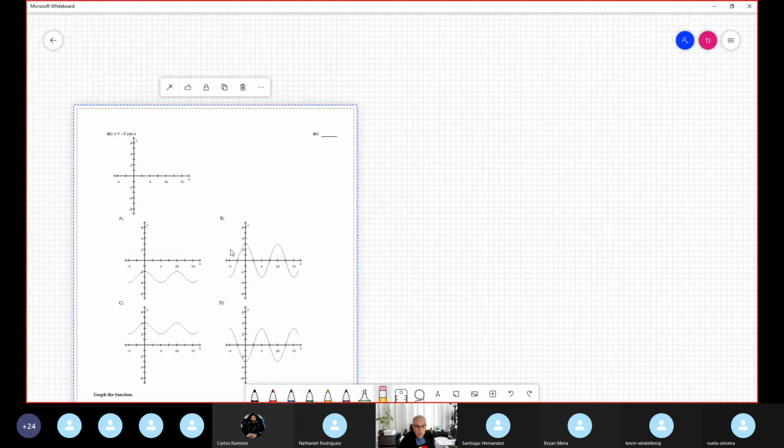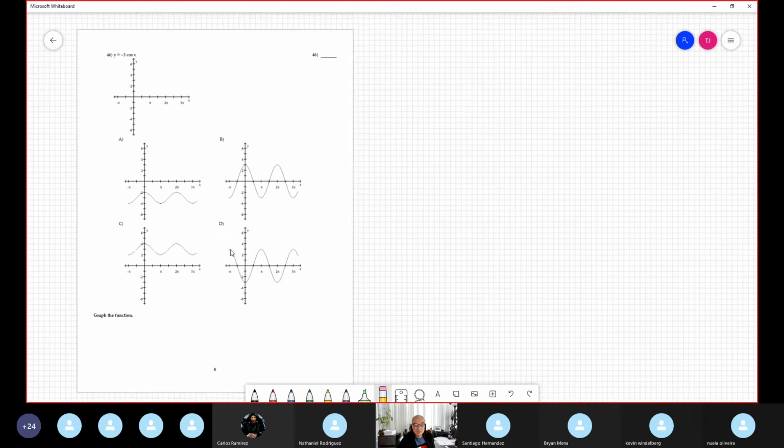46 is y equals negative 3 cosine x. Okay, the amplitude is 3. But we have reflection. How do you know?